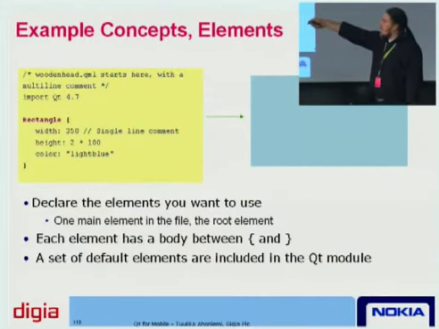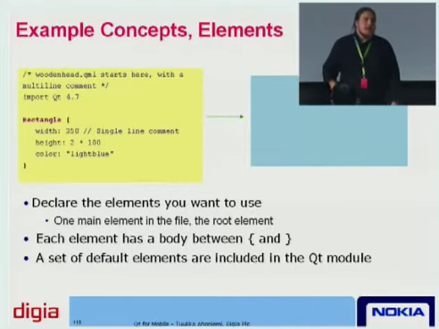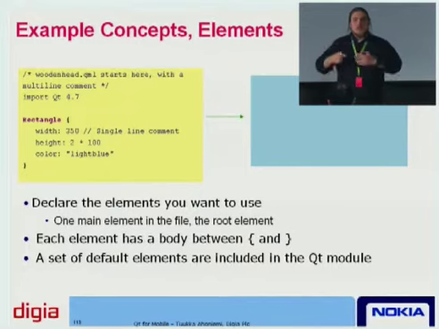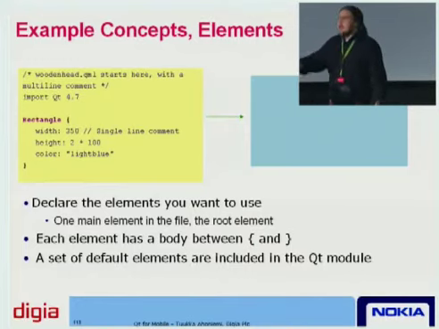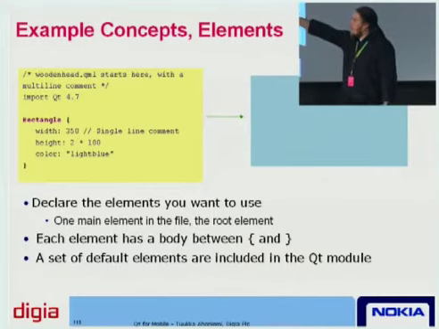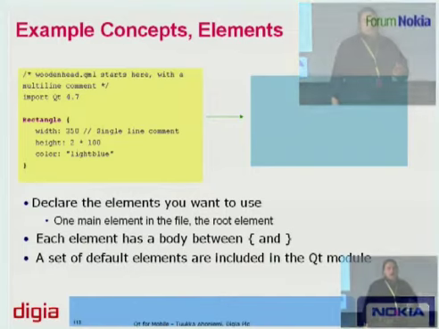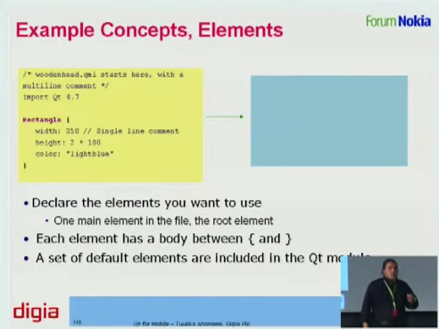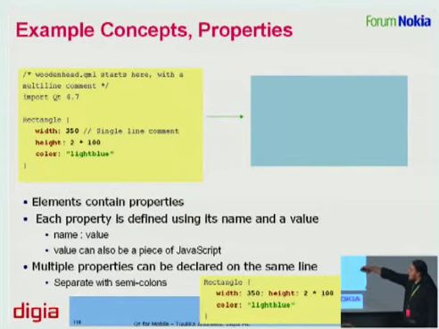So this one here is an element, and because it's a visual element, it's actually an item. There's a small class hierarchy behind it, but we don't need to worry about it. We are not actually deriving from any classes. We're just declaring stuff. So this is an element, and all elements have a set of properties. You can find from the Qt documentation that an element called rectangle has properties width, height, and color.